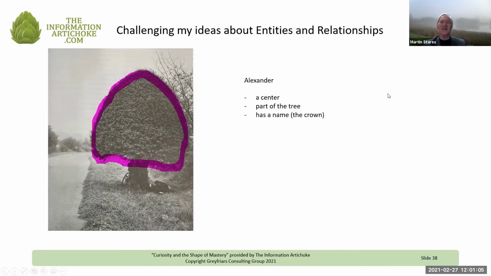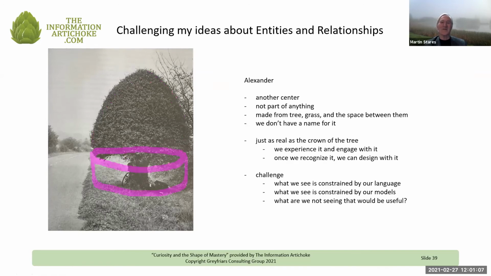And then he shows us another center and everything changes. This is a center, but it's not part of anything. It's kind of a donut area under the tree where the cyclist is resting. But it's not part of anything. It's made from the tree, the grass, and the space between them. And we don't have a name for it. But it's just as real as the crown of the tree.